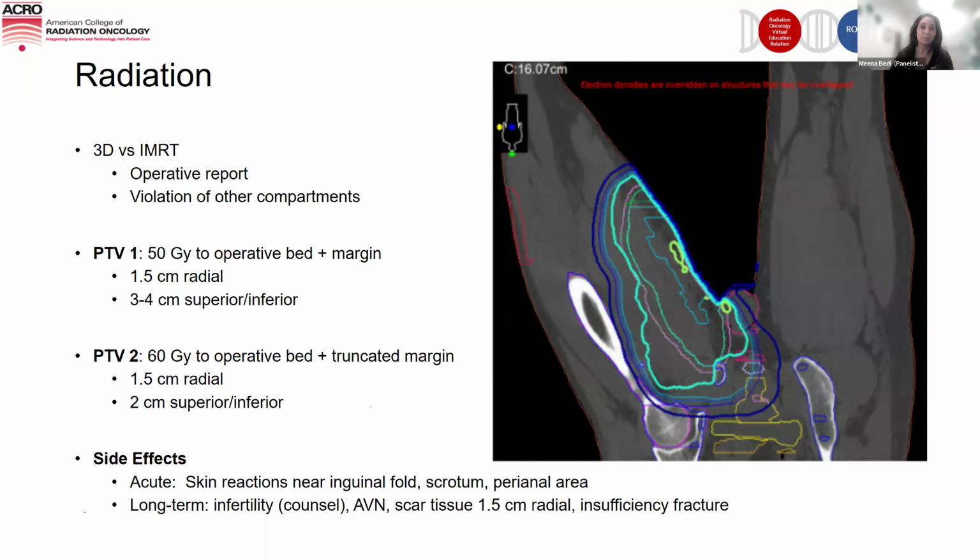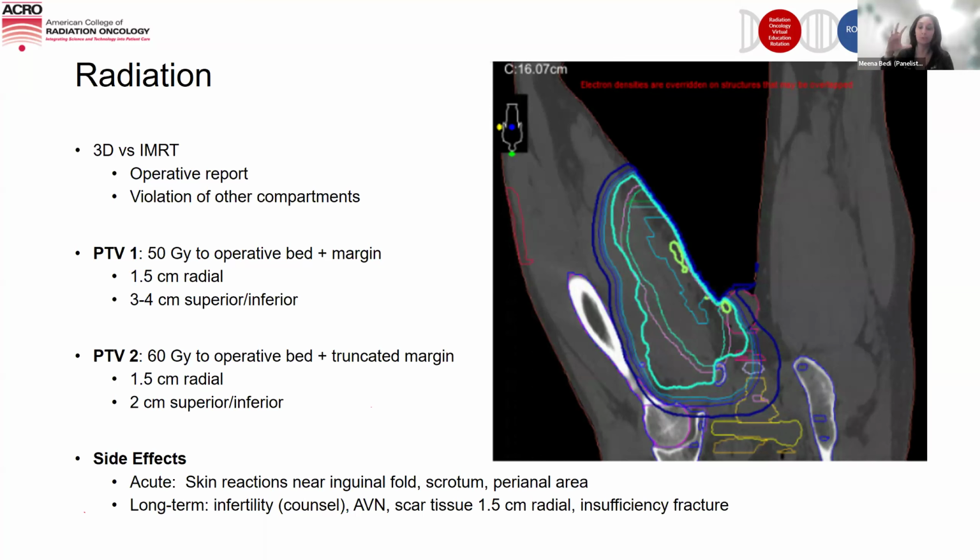But as I mentioned before, we talked about the operative report. In this case, it looked like the initial surgeon had violated other compartments. So I didn't follow that standard cut-through of the fascial component as your CTV, because the other compartments were violated in the resection.